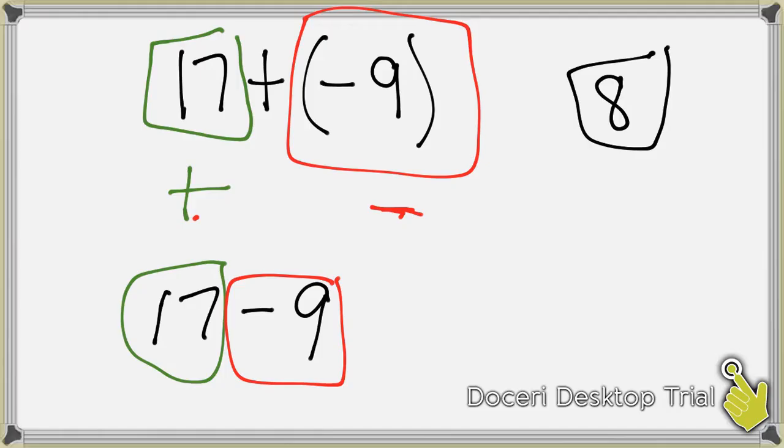All right. Now, what happens when there are more than two numbers that are being combined together? So something like, let's do another one. What about something like this?